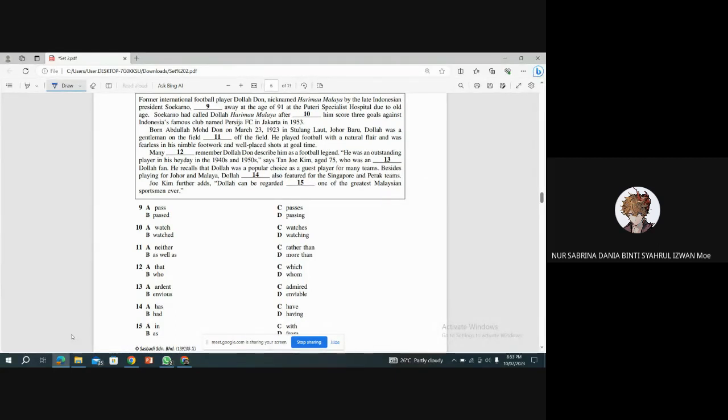He recalls that Dola was a popular choice as a guest player for many teams. Besides playing for Johor and Malaya, Dola had also featured for the Singapore and Perak teams. Joachim further adds, Dola can be regarded as one of the greatest Malaysian sportsmen ever.